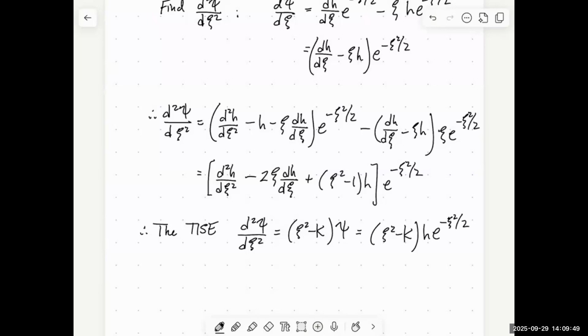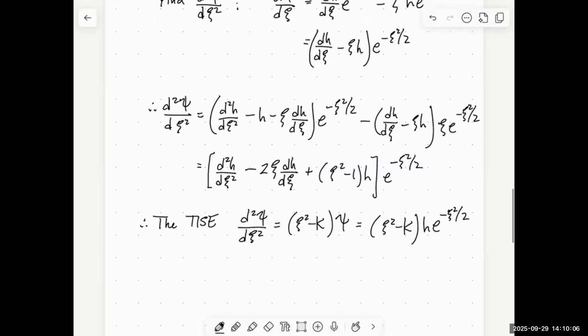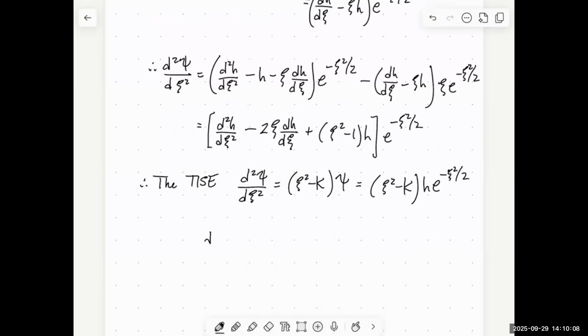But let's see if we look at this. z squared times h times the exponential, z squared times h times the exponential, that is the same on both sides. So that's going to cancel. And if you put it in, what you're going to get is 2 derivatives of h minus 2z dh dz.